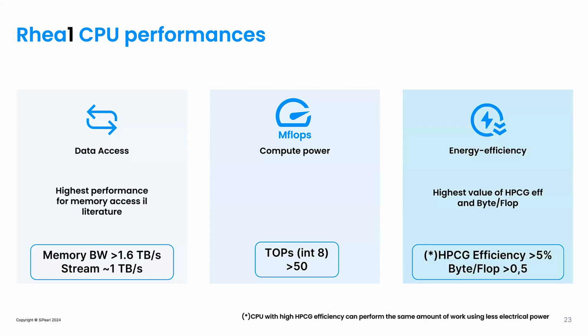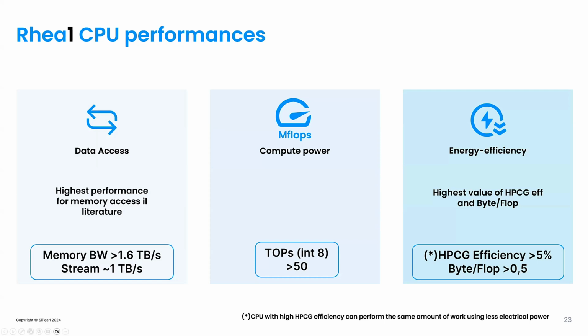And in terms of energy efficiency, we will have high value of HPCG efficiency and byte per flop. And this could be an interesting value and asset for us, since nowadays we see that in the data center, more and more people are trying to focus on the electrical power used to start or turn on a data center.